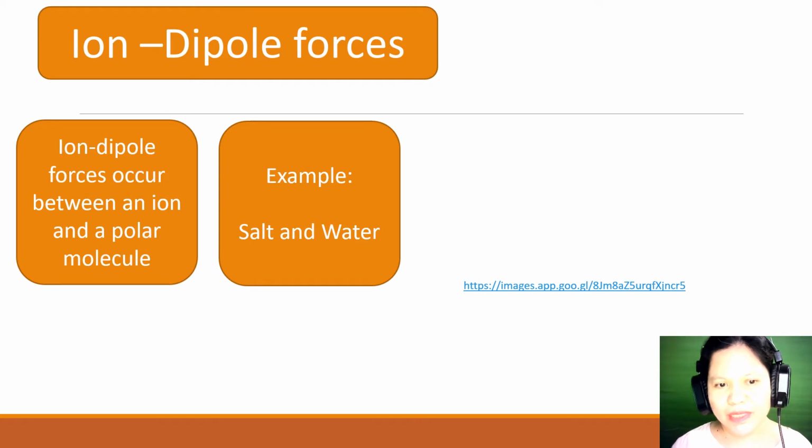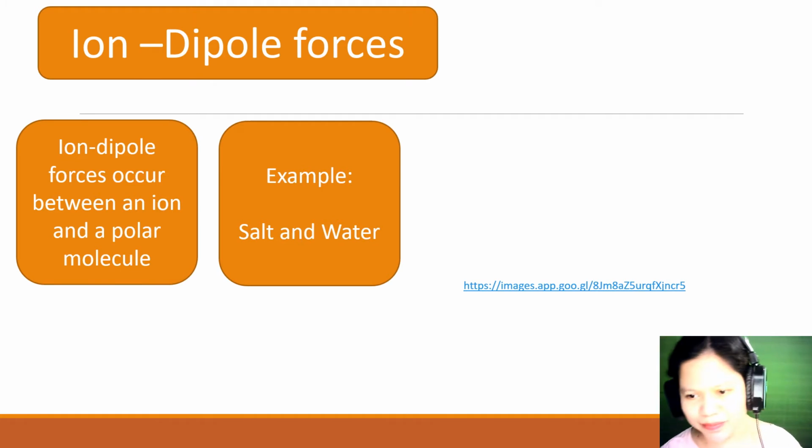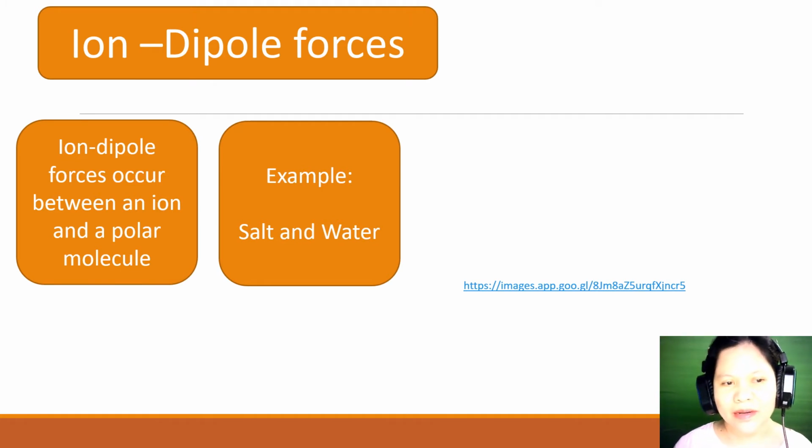So remember, salt and water, are they polar or non-polar? Yes, they are polar, and as you can see, salt has 2 elements found in that compound, composed of sodium and chlorine. So that's why you have NaCl.